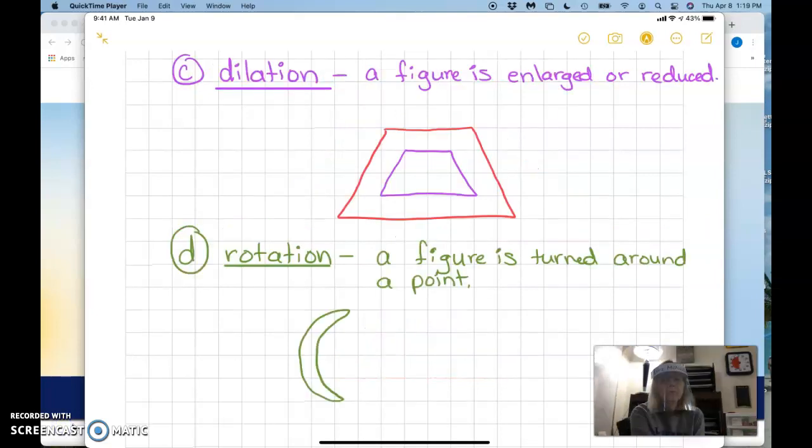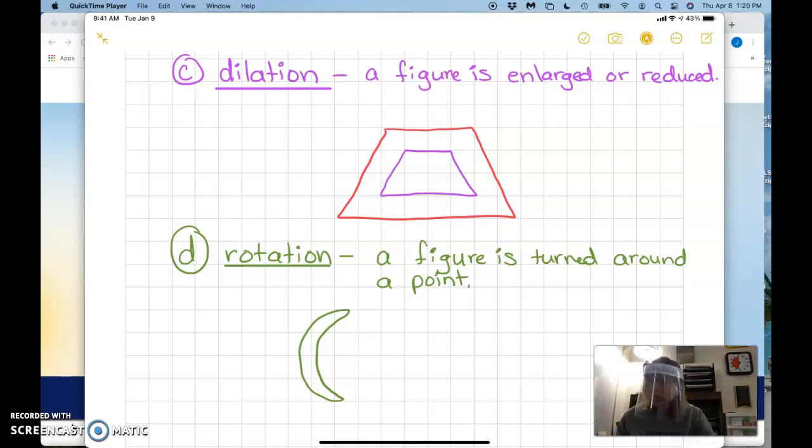Okay, the last one is rotation, which means a figure is turned around a point. So imagine if you have something like my phone and you just rotate it. Okay, this one corner is staying in the same position, but I'm just rotating the phone around this point where the phone seems to be attached to.